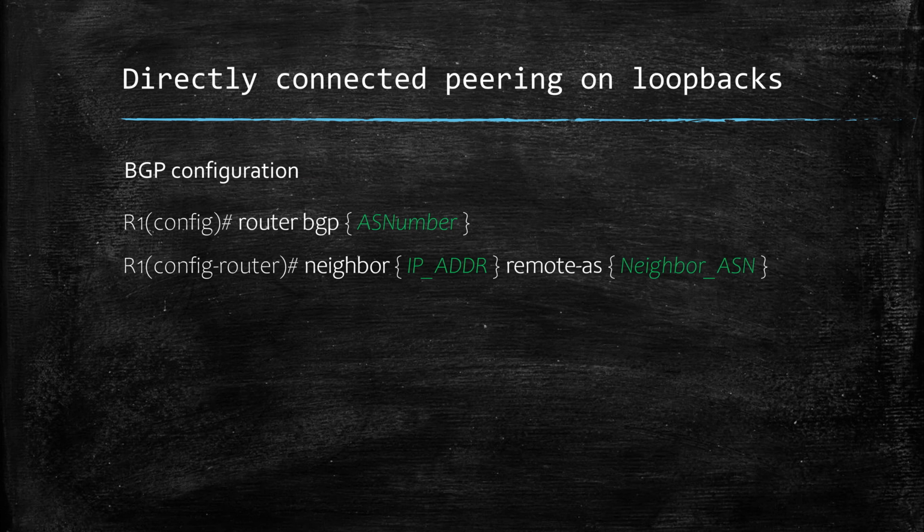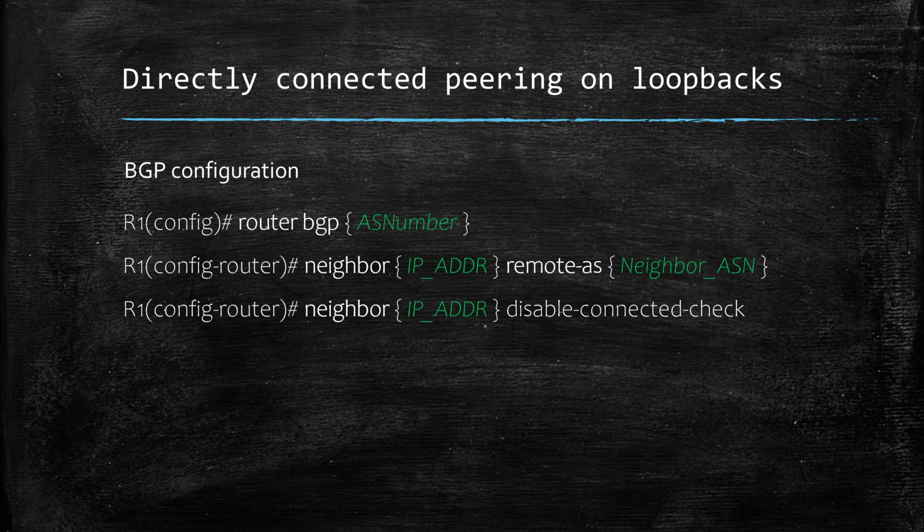Back to the configuration. So to disable the default requirement to have a route that is directly connected, there is a command. We specify the neighbor IP address and we add the keyword disable connected check. So let's do that and see what happens next.